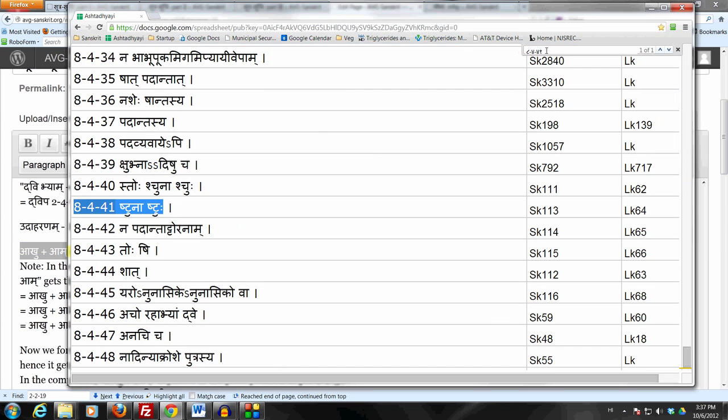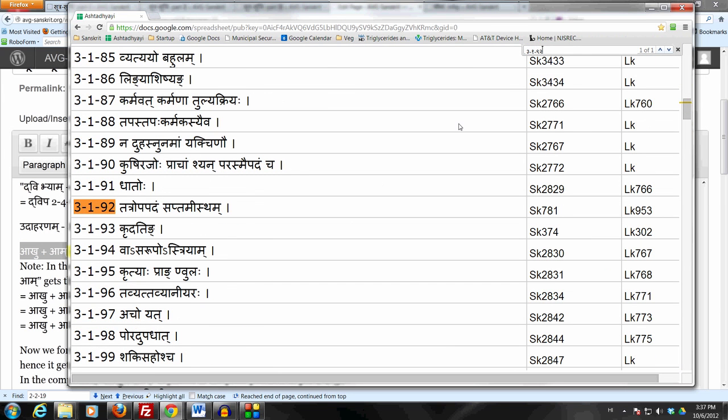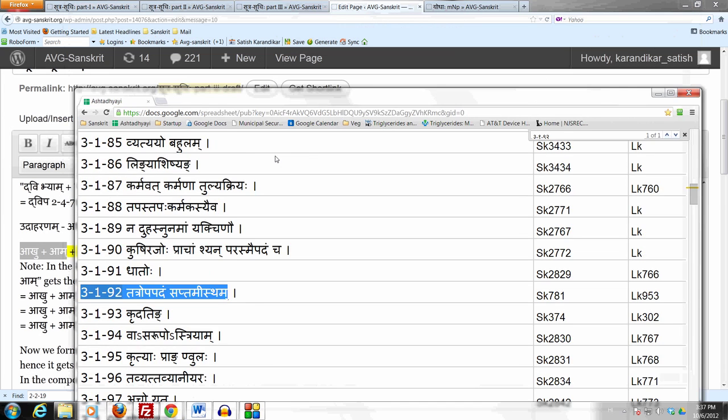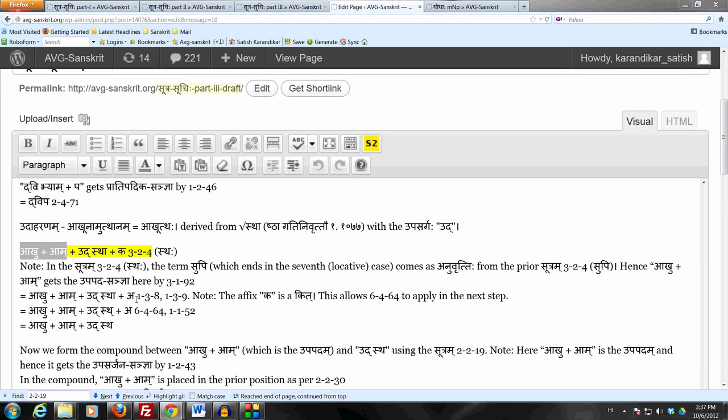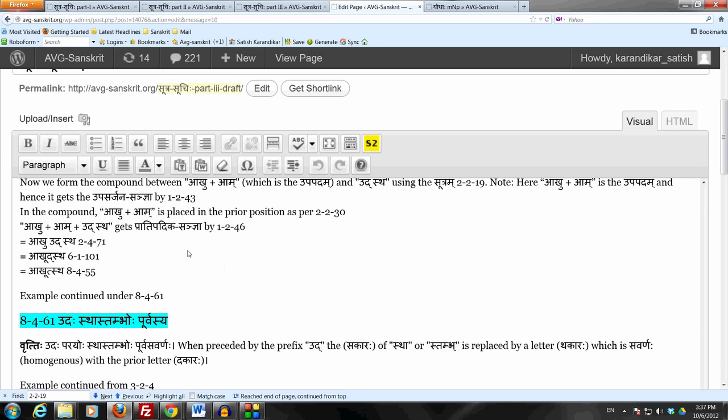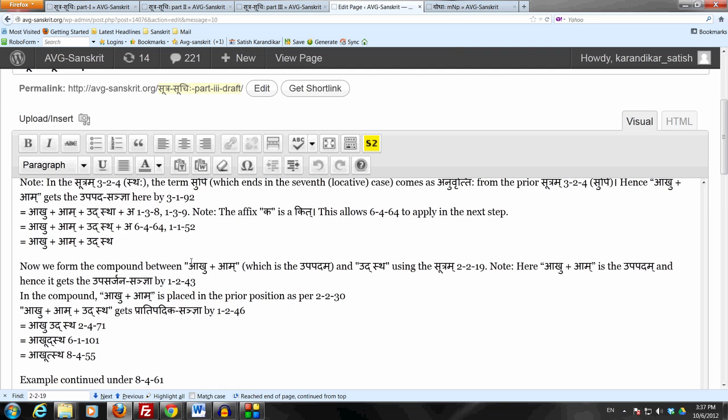Now the derivation follows similar steps. We remove the kakara as an it in the affix ka by halantyam and tasya lopaha, and then we apply ato lopa iticha just like we did before, and we remove the akara of stha, and now we get the form akhu am ud stha. We do the compounding just as before between akhu am and ud stha using the sutram upapadam atinga.